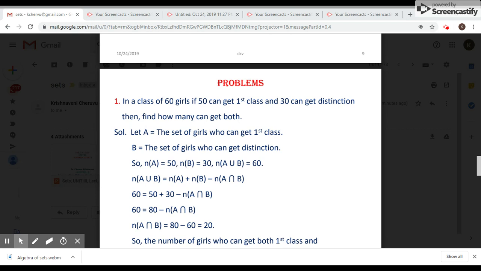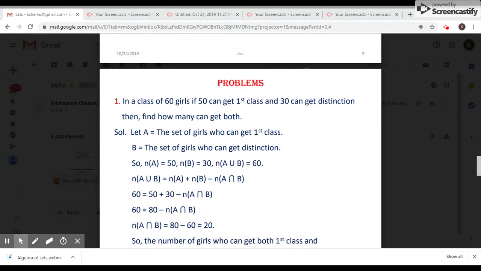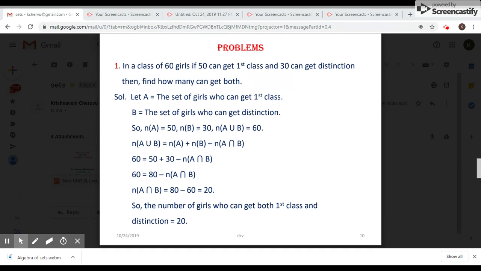So here n of A is 50, n of B is 30, and the number in A union B is 60, that means total students. Now, by using this formula, we can get n of A intersection B, the number of elements in A intersection B, as 20, which is the required answer.